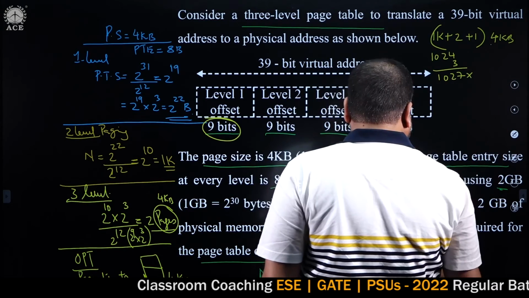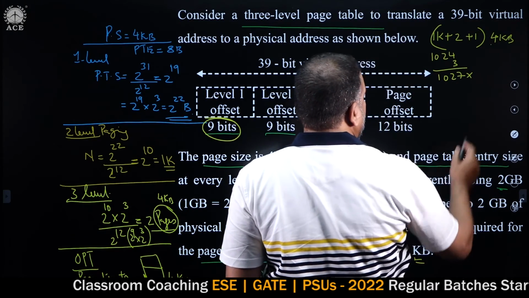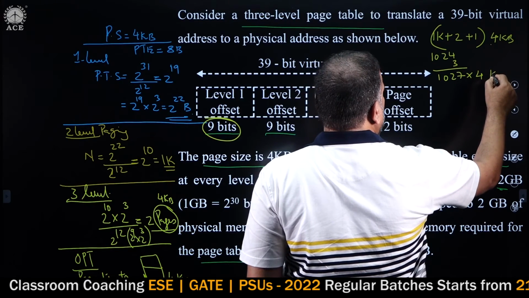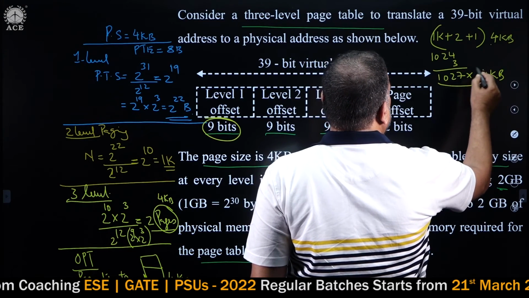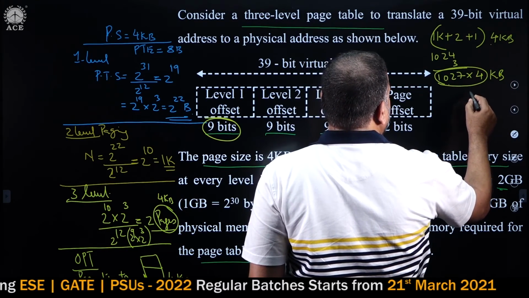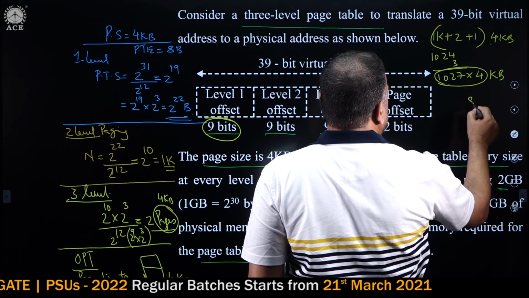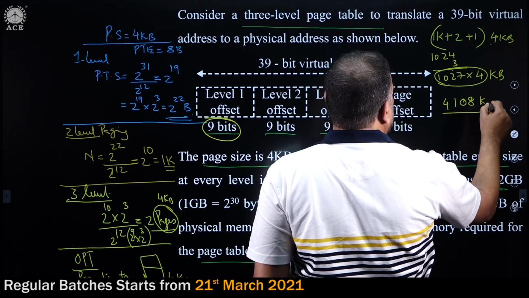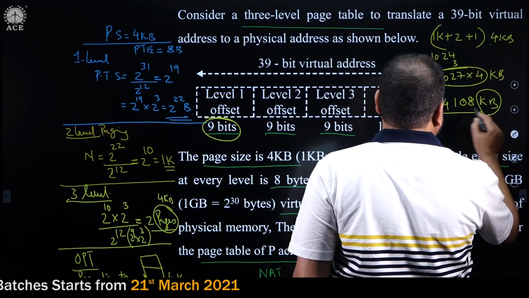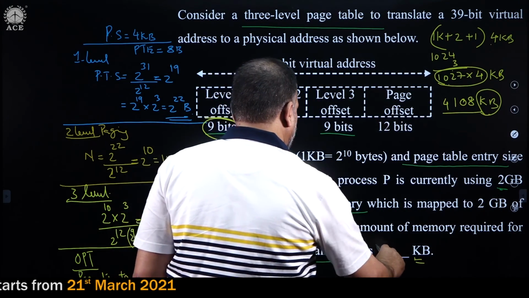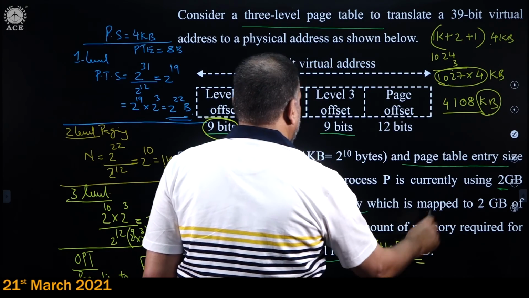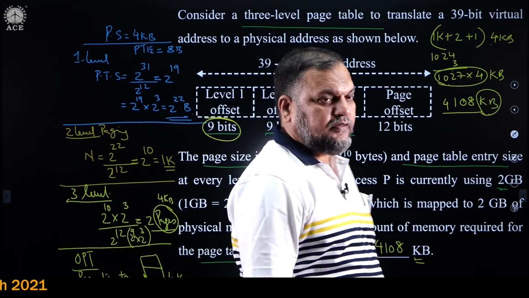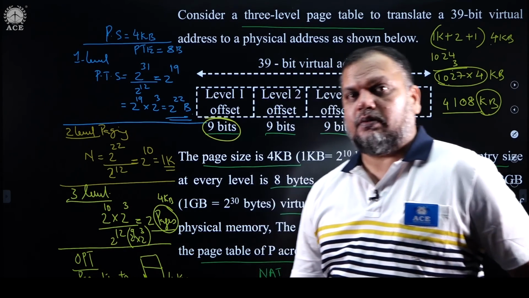Because he is asking for the answer in kilobytes, 1027 into 4 is 4108 kilobytes. That is the approach of solving this problem.